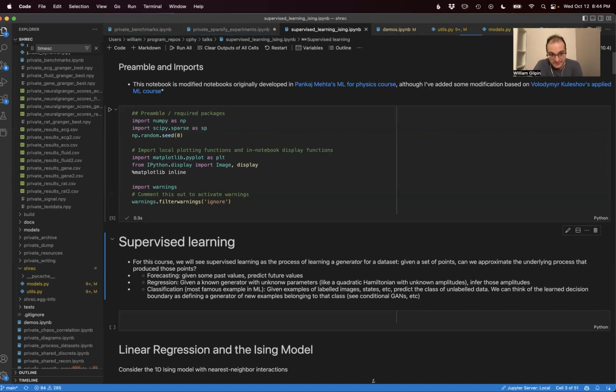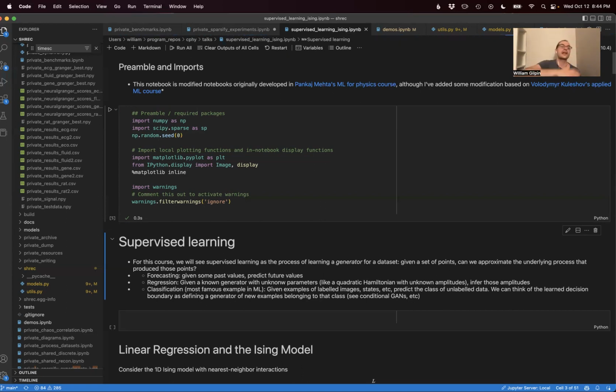Okay, so the kinds of methods that fall under the umbrella of supervised learning include things like linear regression, which many of us have probably had to do before, things like forecasting, so predicting the next point in a time series given previous points, as well as the more classical examples of classification, like this image is a cat or a dog.